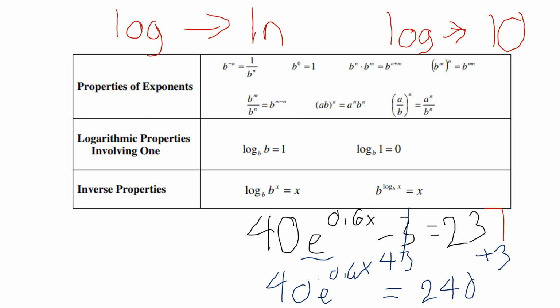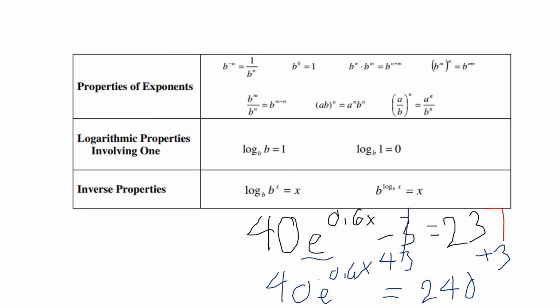Now, because you're dealing with e's and stuff like that, you're going to have to take natural logs. So guys, 240, you're going to have e to the 0.6x, and you're going to have 240 divided by 40, because you have to divide stuff out.